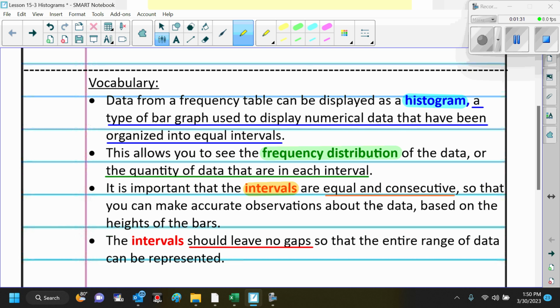So you can go 0, 1, 2, that's 3 numbers, including the 0. Then 3, 4, 5, then 6, 7, 8, and so forth, okay? And then finally, intervals should leave no gaps, so the entire range of the data can be represented, okay? So we'll get into that example later on.